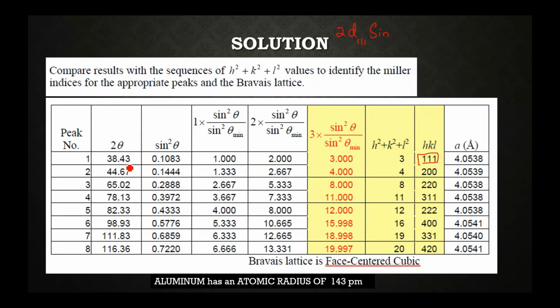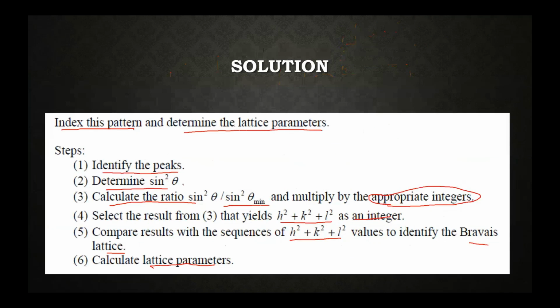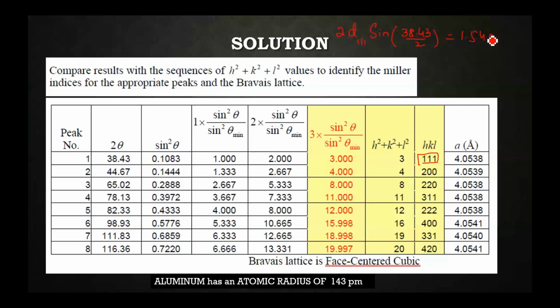Sorry, 2 theta is 38.43, so theta is half of that, equals 1.54056 into 10 raised to power minus 10. This would give you the value of d_111. Once you know d_111, you would find out the A value calculated from d_111.